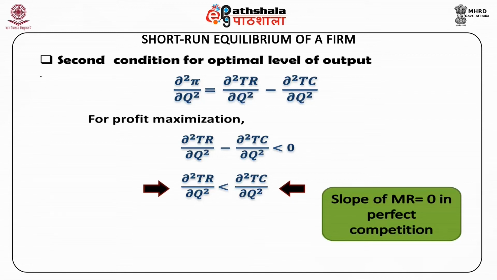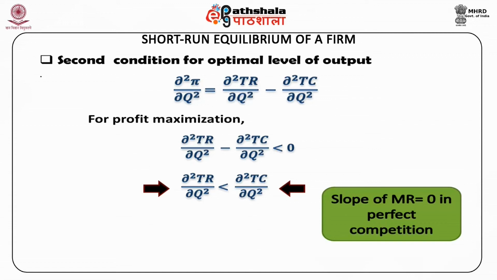This implies that the marginal cost must have a steeper slope than the marginal revenue curve, so that the marginal cost curve must cut the marginal revenue curve from below, as we can see in the diagram.